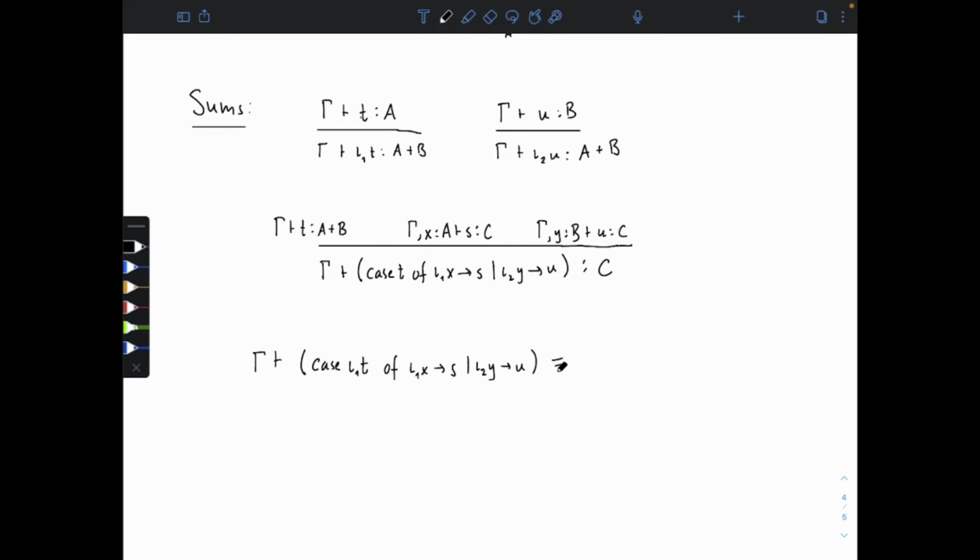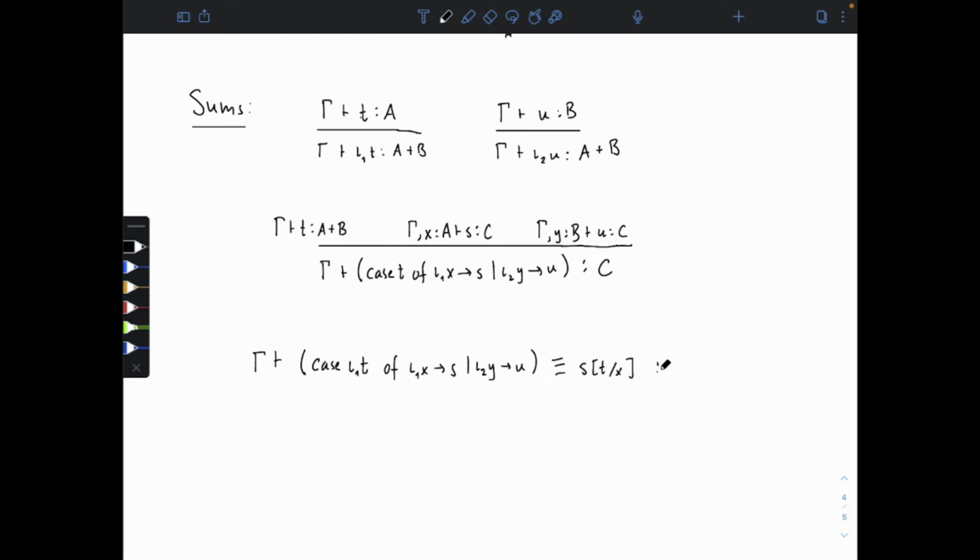What would this be equal to? This is saying, consider this thing. If it's of the form iota 1 of x, then you do S. And if it's of this form, you do that. Well, clearly we're going to do S, right? We're matching this against this, it matches. So this is S, where I replace x with t.